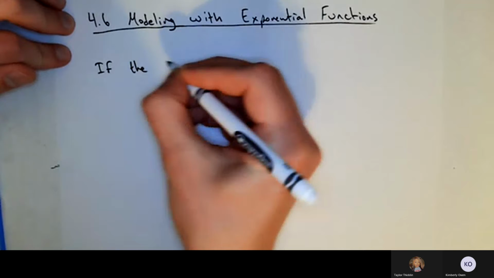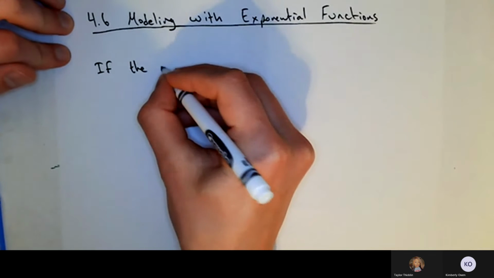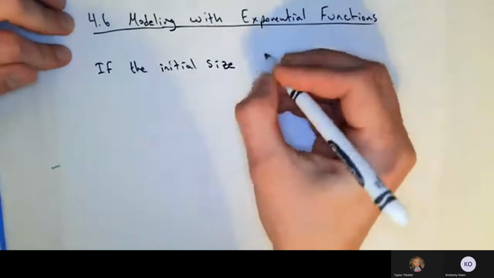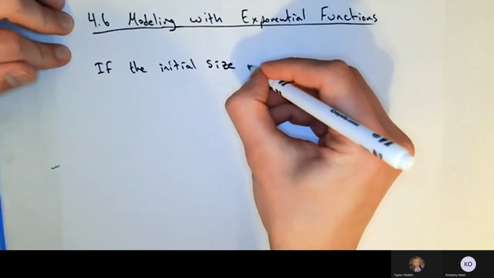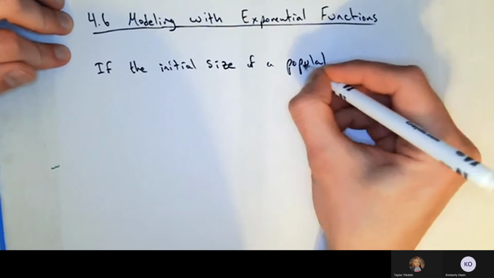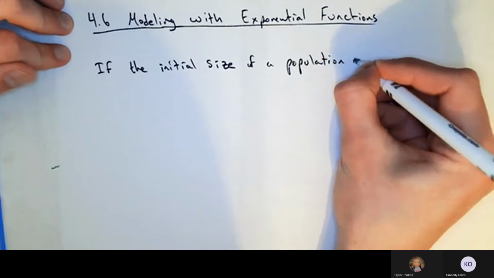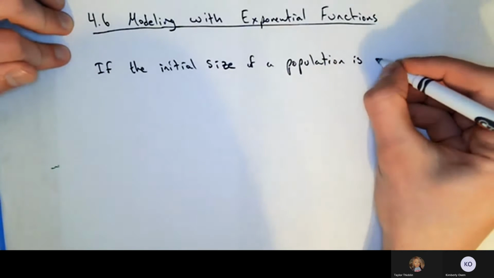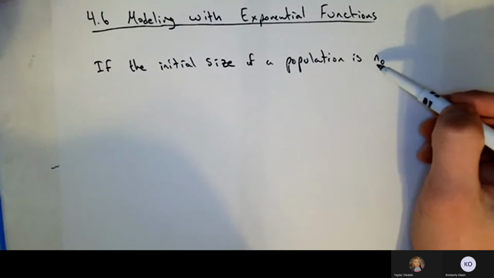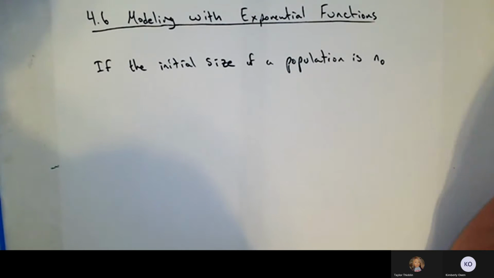So let me write out the pieces to this formula. If the initial size of the population is n sub 0. So if you've never seen this notation before, n is just like number of things, right? N is just a variable.